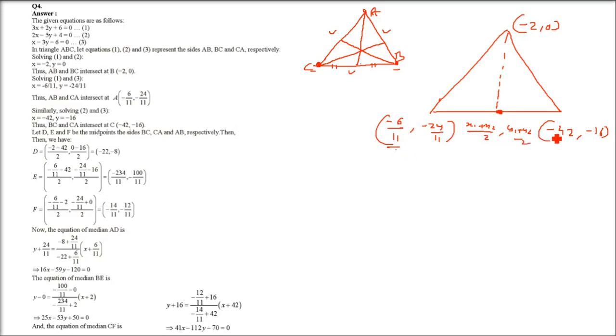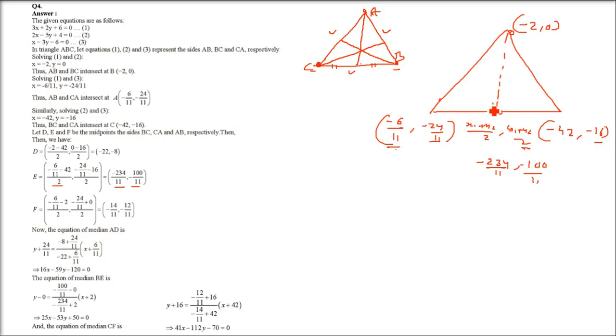That means minus 6 by 11 plus minus 42, by 2, that is minus 234 by 11, and then y1 plus y2 by 2, minus 24 by 11 plus minus 16, by 2, and that is going to be minus 100 by 11. Now this point is minus 234 by 11 and minus 100 by 11. This is our point, that is the midpoint of this line.